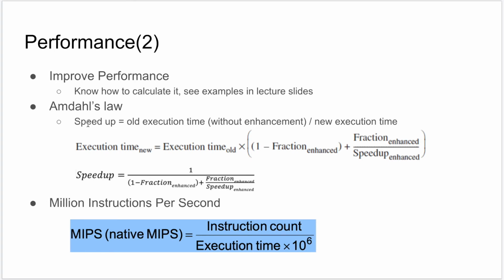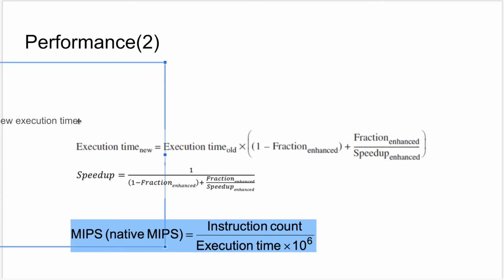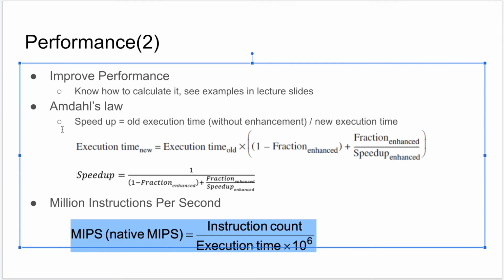Amdahl's law is more about speedup. When you have a question about speedup, you can use this formula. The speedup is old execution time over new execution time.